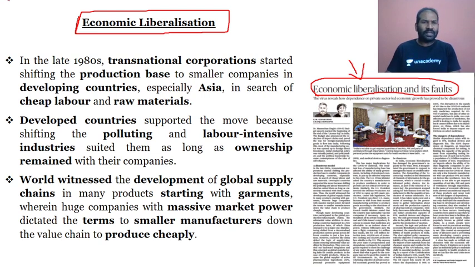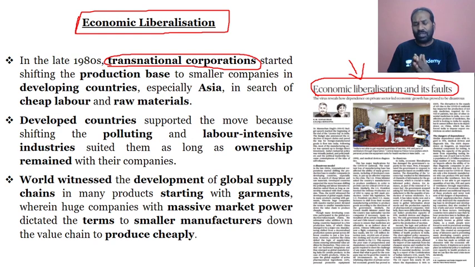And we have seen in the late 1980s the transnational corporation. Transnational means from country to country, various corporations started shifting the production base.